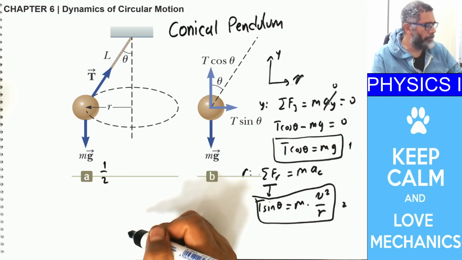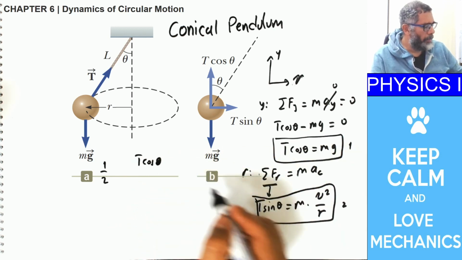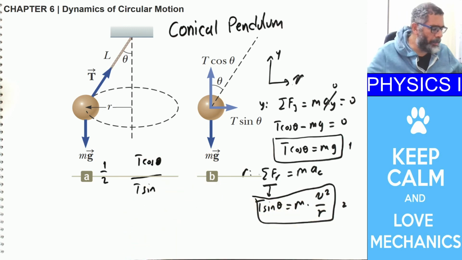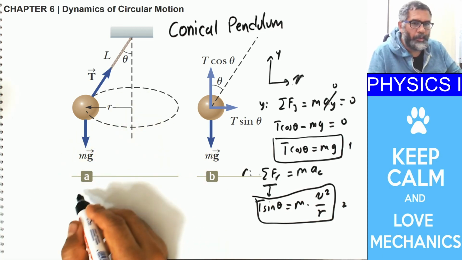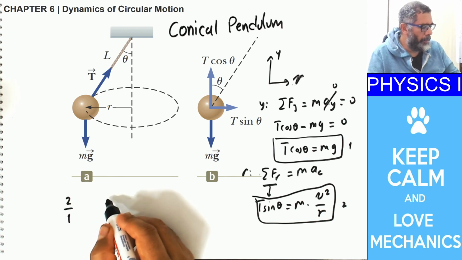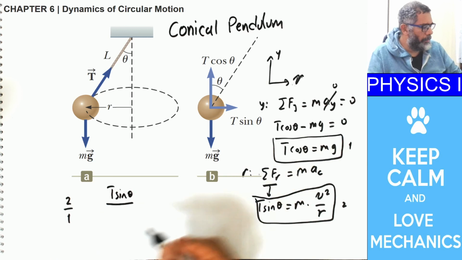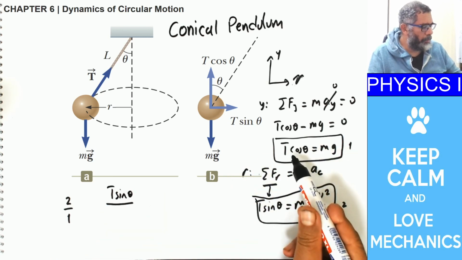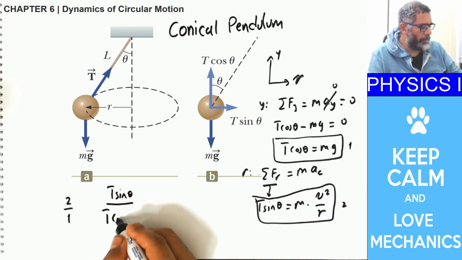The first equation is T cosine theta, and we divide this by T sine theta. Or let's do the other way: equation 2 divided by equation 1. T sine theta divided by T cosine theta. We divide the left hand sides and the right hand sides.